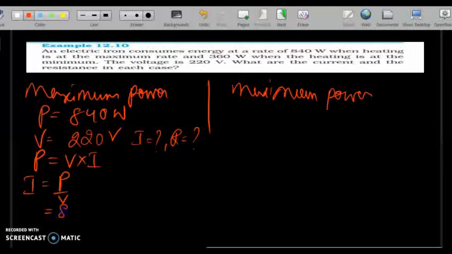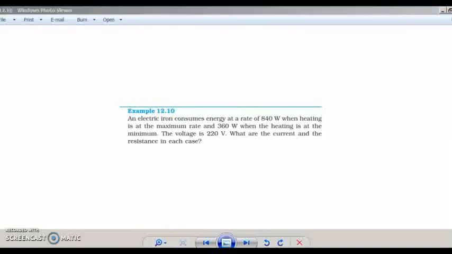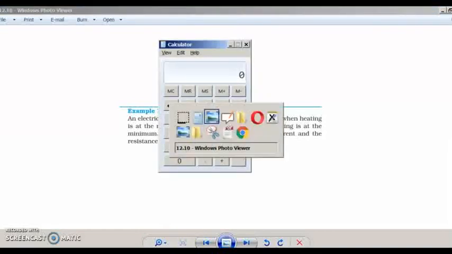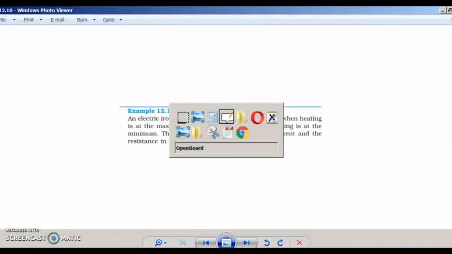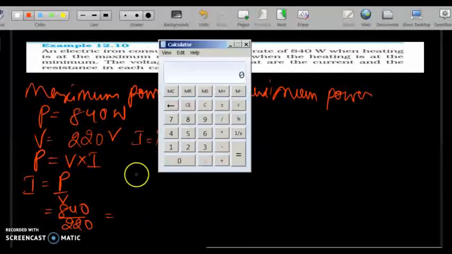P is 840 by V 220. 840 divided by 220 will give me 3.81.